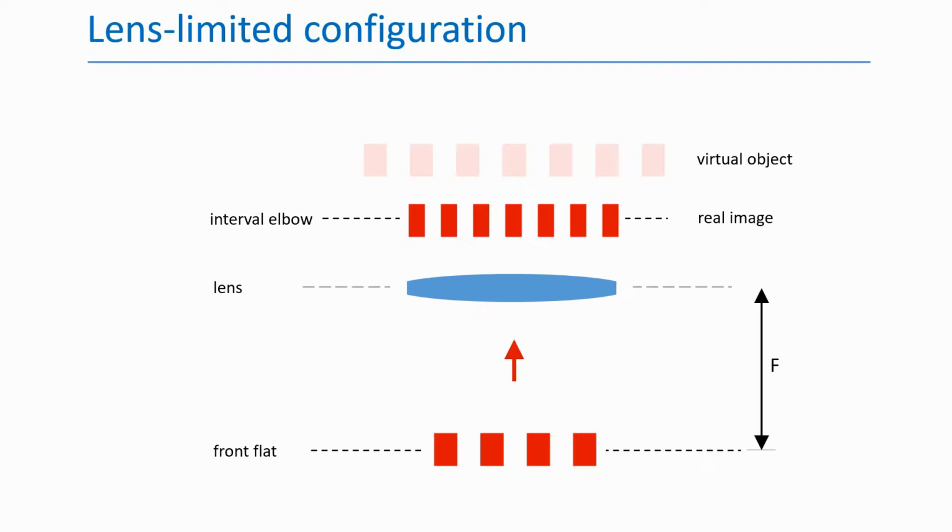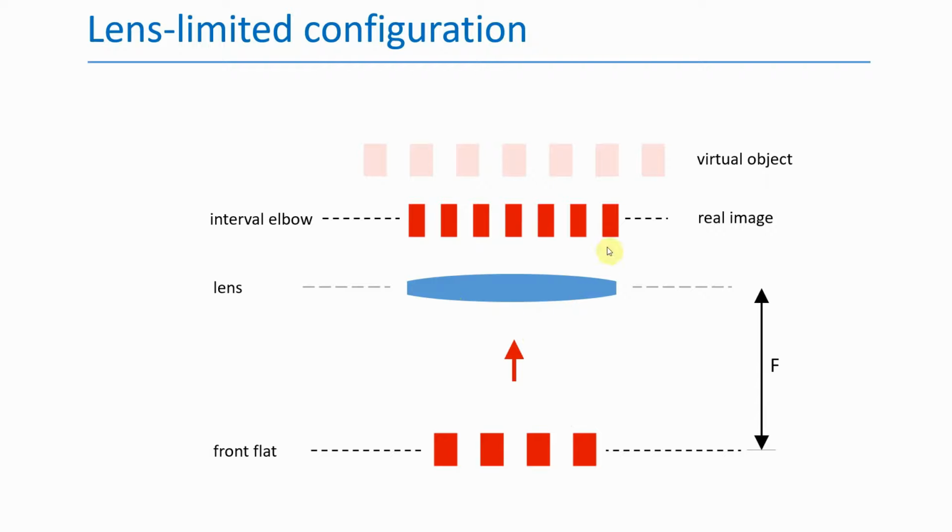To overcome these practical difficulties, we study the lens-limited configuration instead. To make this configuration, we place a lens one focal length away from the flat. In our experiment, this is 100 millimeters away. The lens does not affect any of the planes that come before it, so they are exactly the same as in the free configuration.